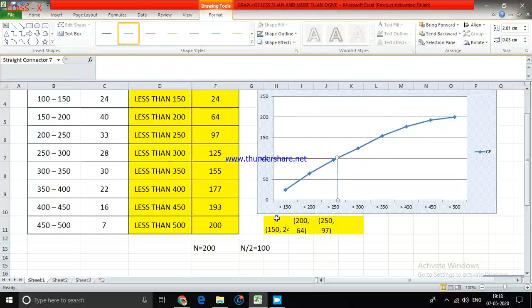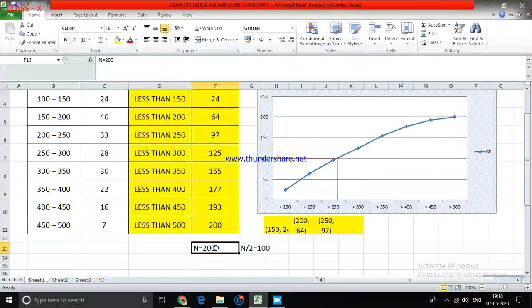Okay, so what are the three things you have to do? First, n value, then n by 2 value, you will get n by 2 is 100. Then immediately you will go to the y-axis and draw the straight line till it touches this less than ogive graph. Once it touches, from that point of intersection, you draw the line vertically to touch the x-axis.